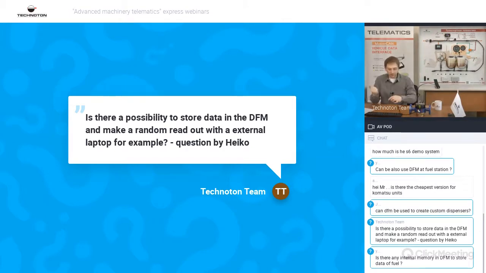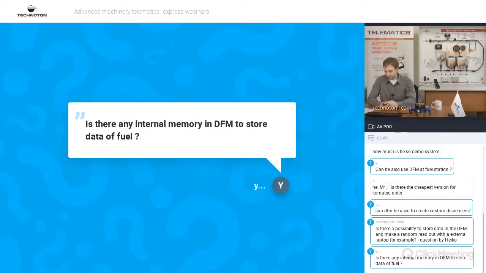You can attach it to your laptop and check different parameters there. Let's say the total fuel consumption, the fuel consumption at idle mode, nominal mode, engine running time in all these modes, and total. All that info can be accessed using a laptop.